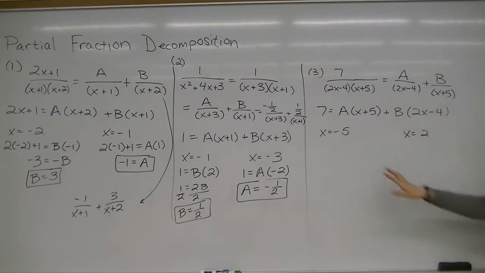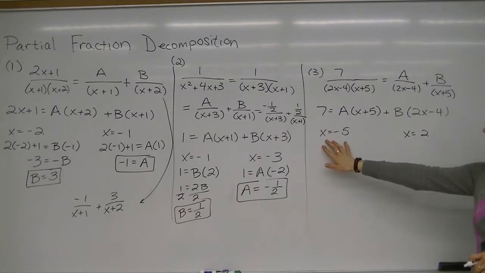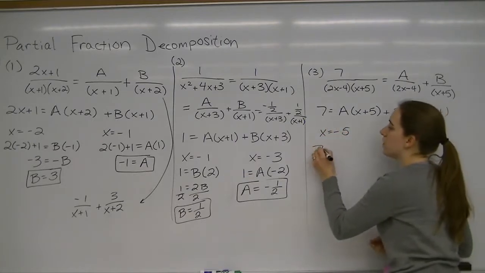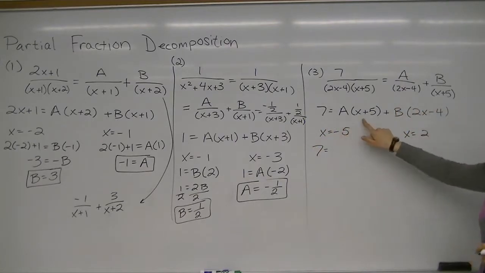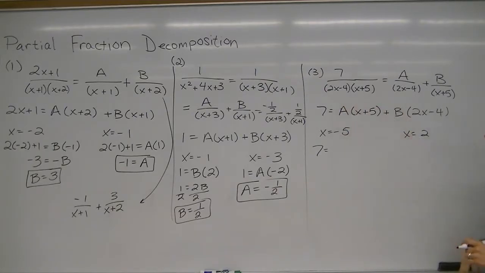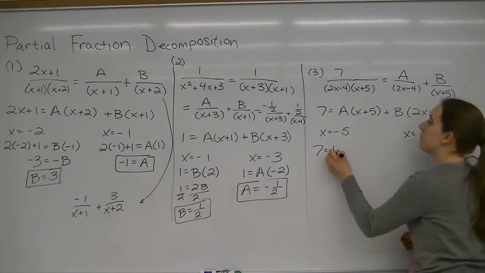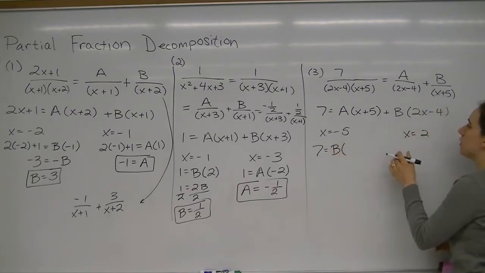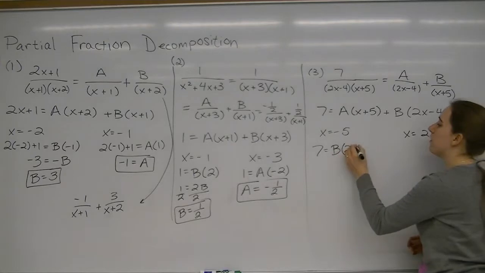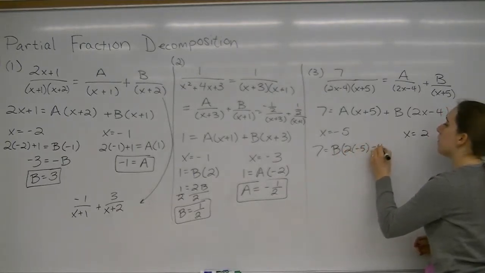Okay, so let's start with x equals -5. The 7 isn't going to change, that just stays. Then we specifically chose the -5 so that -5 plus 5 is 0. This term disappears. So we have b times 2 times -5 minus 4.